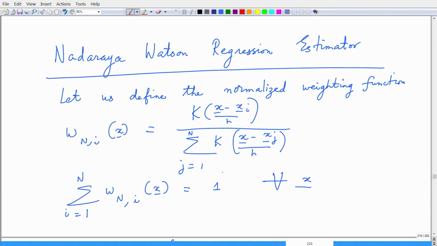So, the normalized weighting function is defined as this quantity, the kernel acting on x minus xi upon h upon the summation of all these kernels acting over different data points xj, j going from 1 to n. This is normalization, and you can straightforwardly verify that the summation I equals 1 to n w n comma I of x is 1. This is very straightforward.